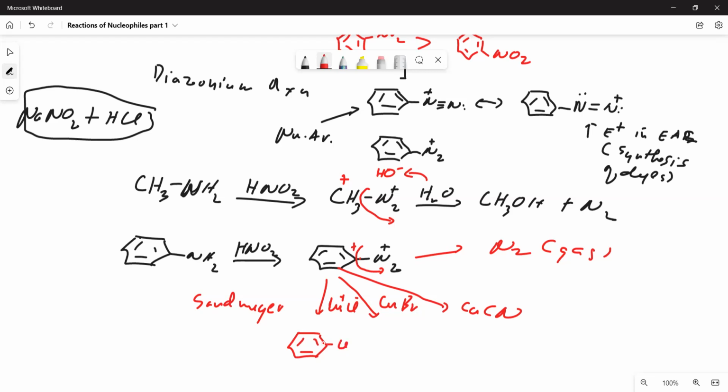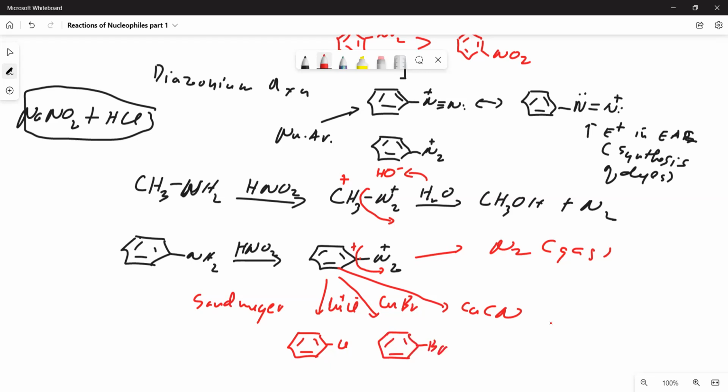We can produce chlorobenzene from electrophilic aromatic substitution, right? By halogenation reaction. We can also produce it through diazonium. And it's very neat, no? Very neat process. Here you will have bromobenzene.